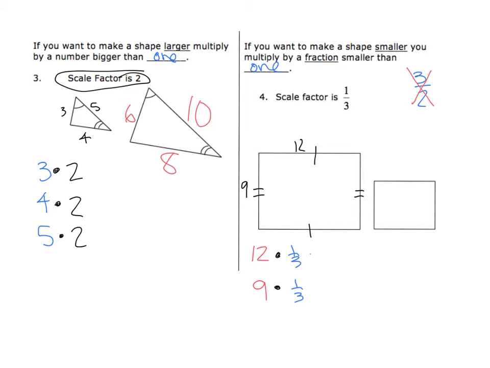So 12 times 1/3, 9 times 1/3. 12 times 1/3 gives us 4. And 9 times 1/3 gives you a value of 3. All right. Hopefully, if you haven't already noticed, if your scale factor is the number 1, then note that nothing would change between the two figures.